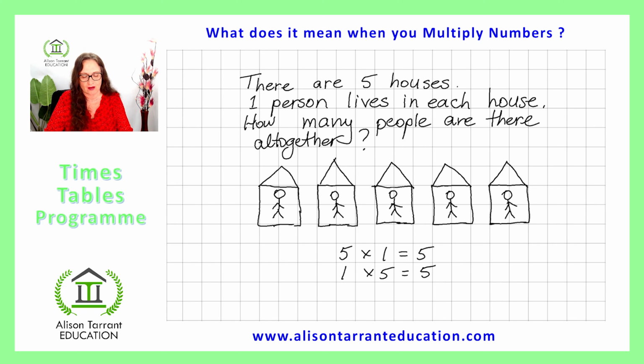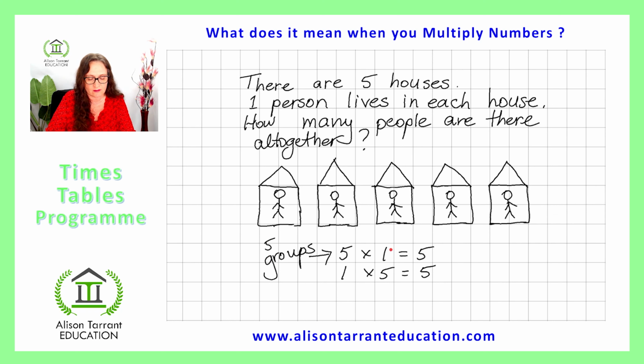understand. So now if we go back to what each of the numbers actually means, the 5 means the groups. So the 5 here is the 5 groups. So we've got the 5 groups.